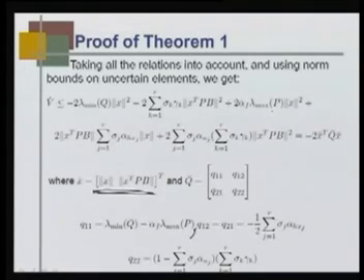Okay. So if I combine them, I can get lambda min q minus alpha f lambda max p. So, this is my q11.